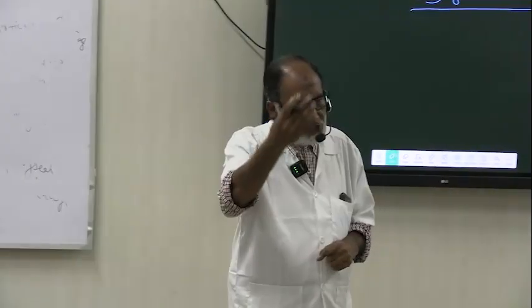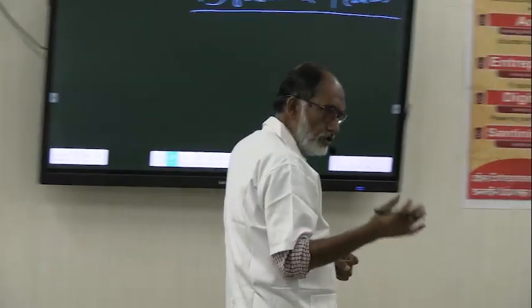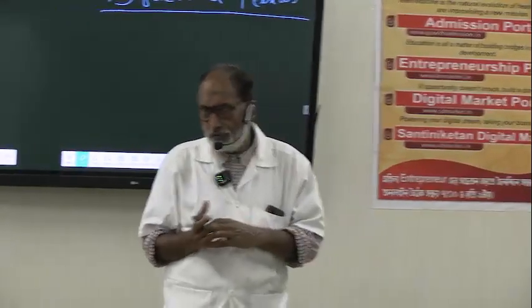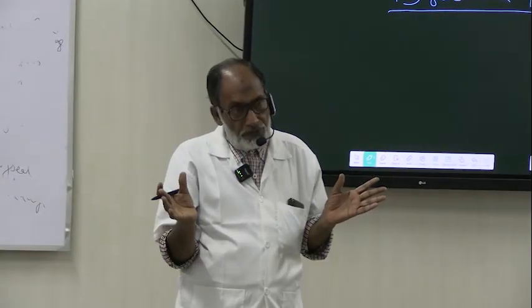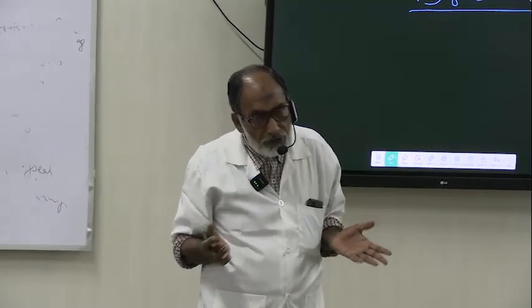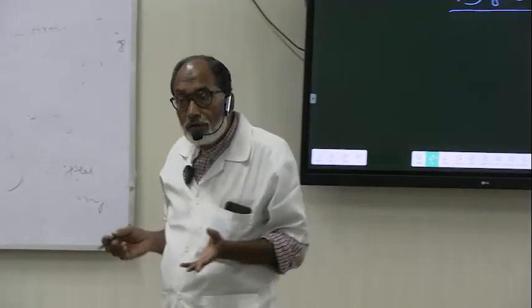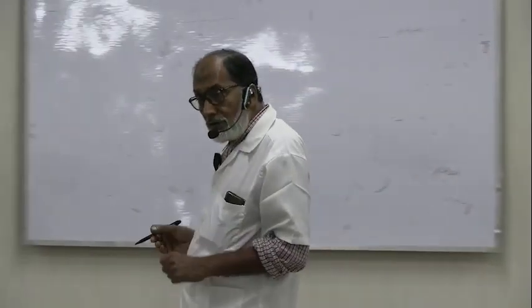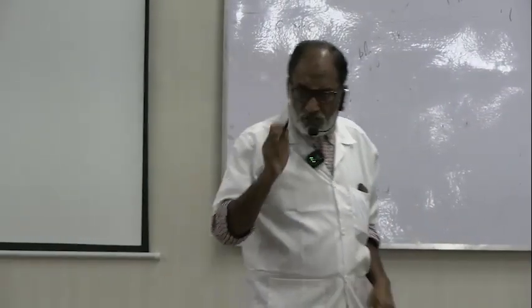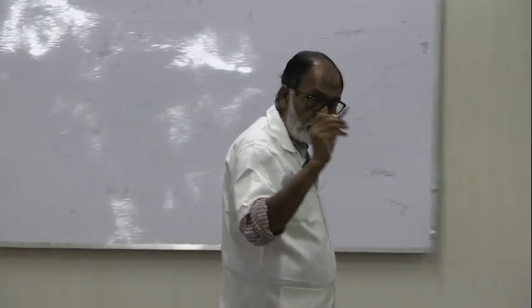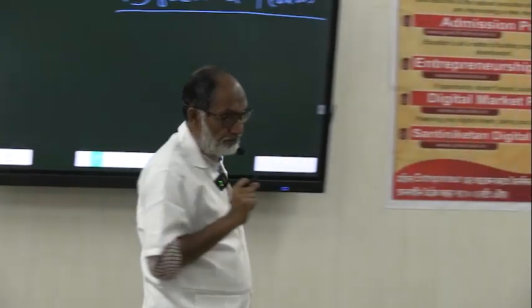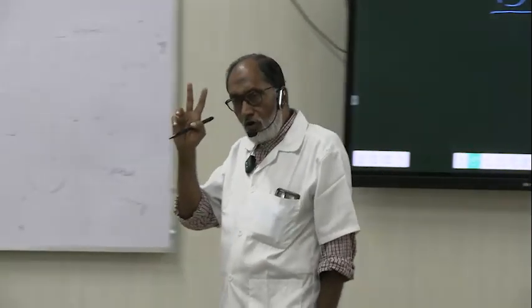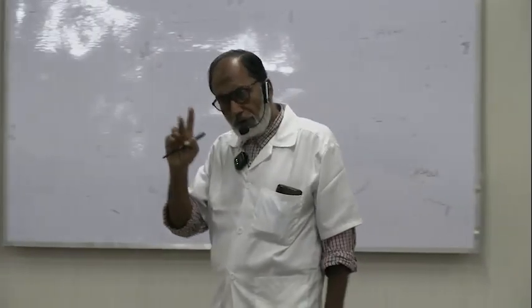Another group of nerves is known as cranial nerves. You have heard the name of cranial nerves. They are coming from where? Brain. More specifically, most of the cranial nerves are coming from brain stem, except two nerves, olfactory and optic.